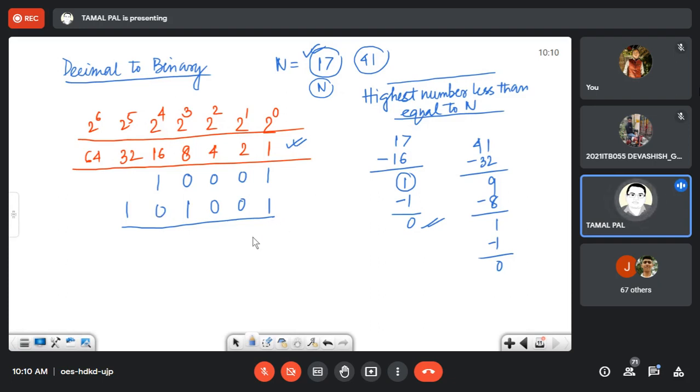Similarly, if your number is this in binary, how can you get the decimal form of it? You will just sum up the weightages that contain 1 below them. So here we add 16 plus 1. Here we add 32 plus 8 plus 1.